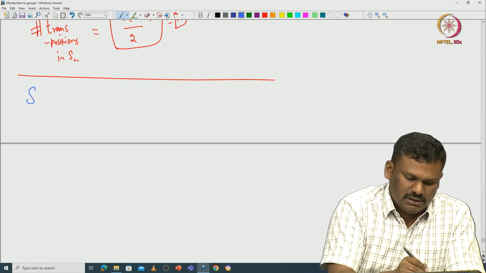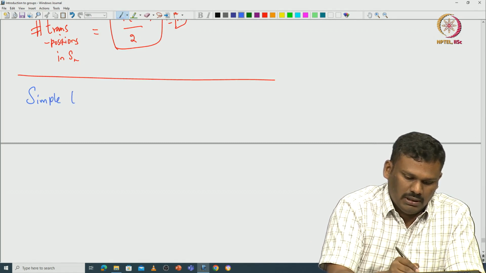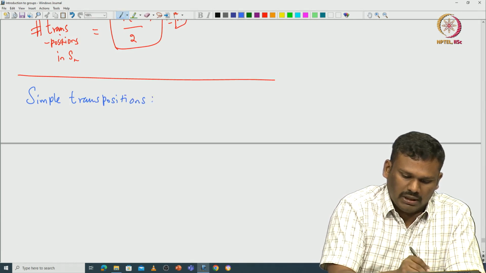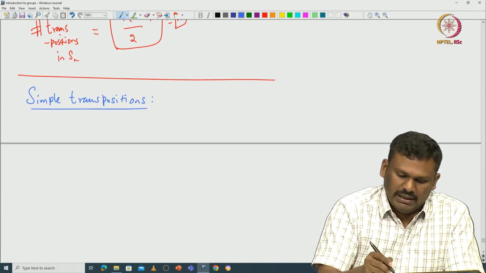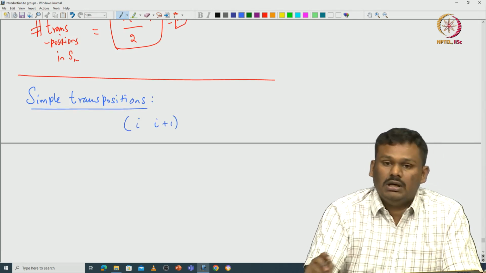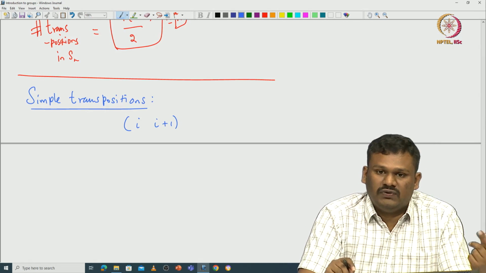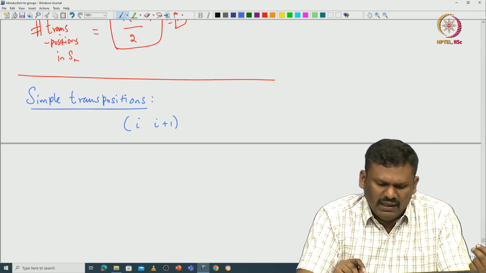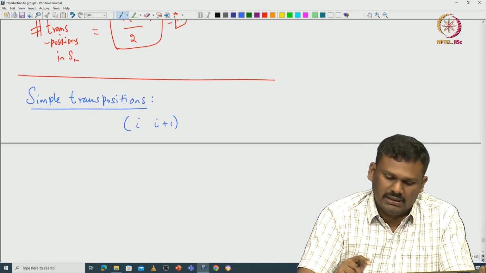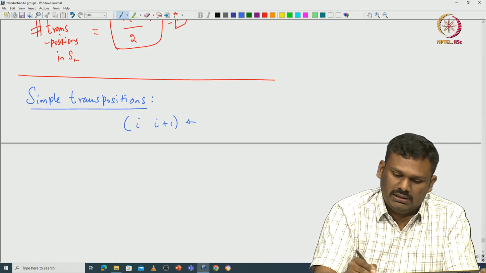So, what is this? The simple transpositions or the adjacent transpositions are the transpositions of the form (i i+1). Basically, you just switch only the ith index and the i plus 1th index. That is what this transposition does.